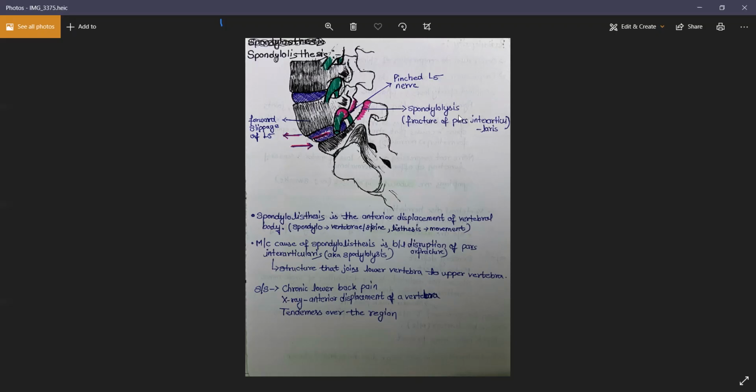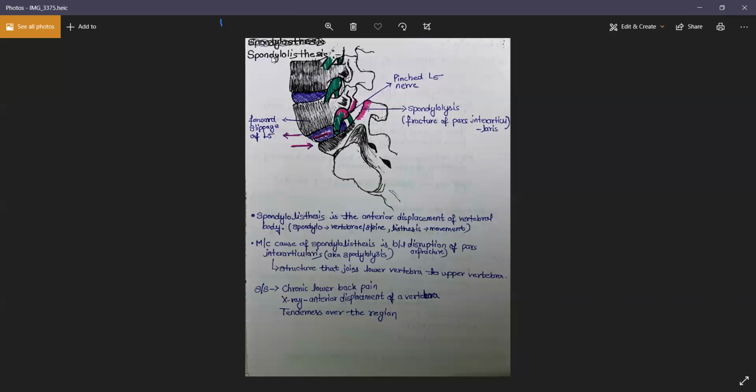If the fracture of this part happens, let's suppose in L5, then L4 can easily move forward with respect to L5, and this is known as a spondylolisthesis.